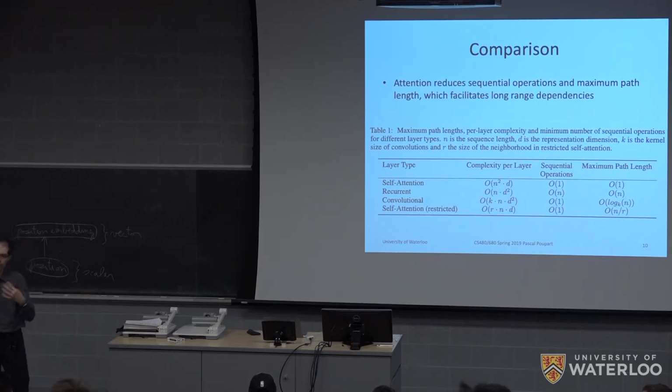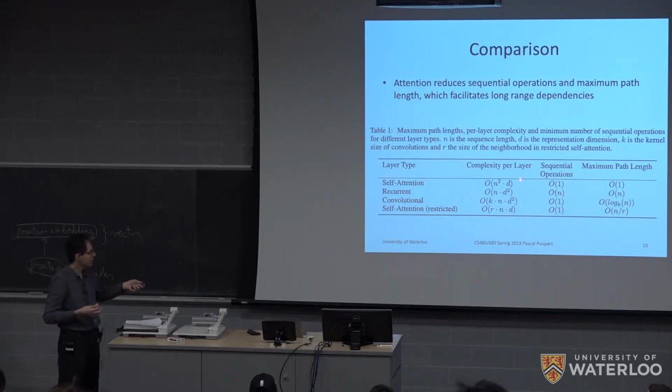So we don't have to worry about information being lost, like in a recurrent neural network, where the first word that we process gets embedded, but then when we process additional words, this embedding changes, and eventually it loses information from the first word. So here it allows us to combine information about pairs of words immediately, which is a good thing. So a path length of size 1 is great.